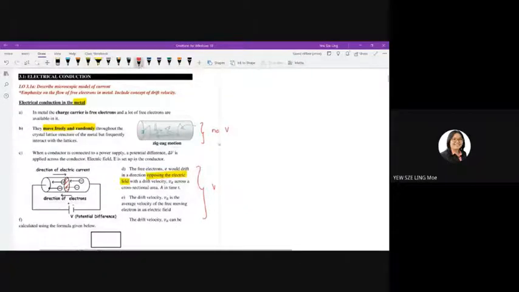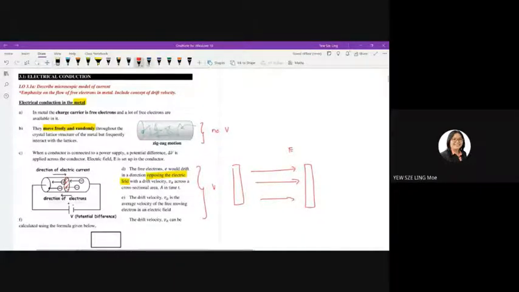Why? This is what I told you before. If you look at this diagram, the direction of current is going to the right, and this is the direction of the electric field. For example, it means that there are two hidden plates on both sides, two hidden terminals that we cannot see.